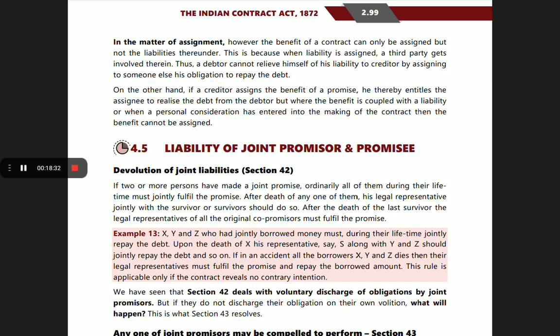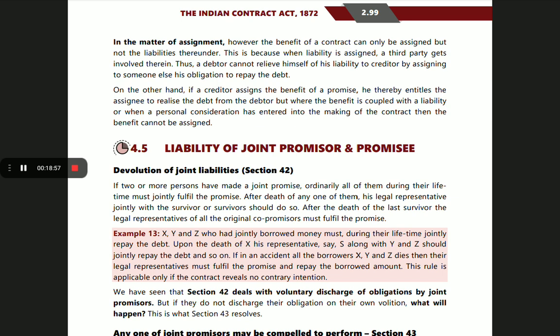After death of any one of them, his legal representative jointly with the survivor or survivors should do so. After the death of the last survivor, the legal representatives of all the original co-promisors must fulfill the promise.